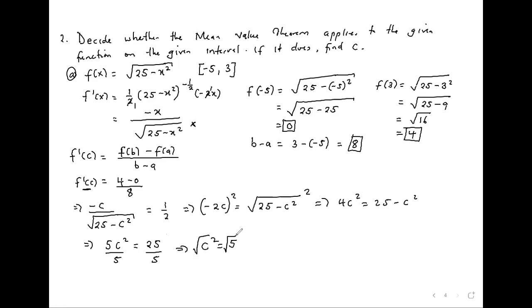And then we square root. We'll get c is equal to plus or minus the root of 5. We check the interval given. The interval is -5, 3. So you find both positive root 5 and negative root 5 as part of the interval.